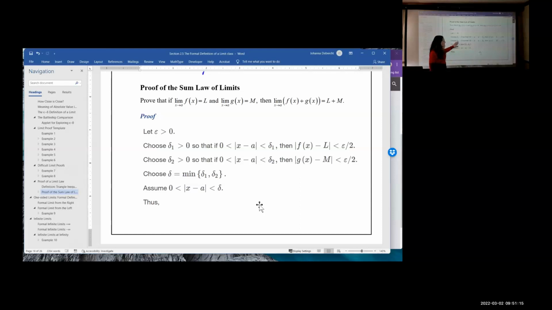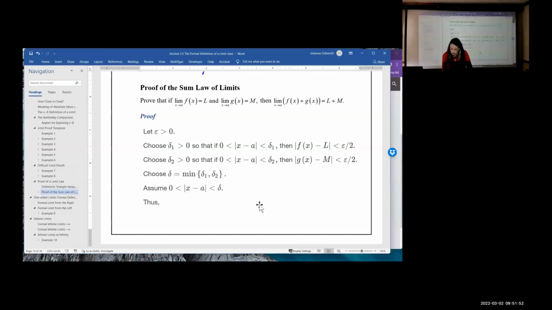We'll choose delta 2 so that if I'm in the same range, absolute value of x minus a less than delta 2, then absolute value of g of x minus M is also less than epsilon over 2. Notice we need two delta values because we have two different functions, and they could have different intervals that make them be within epsilon over 2 of the limiting values L and M. Then we apply this technique here where we simply choose the smaller interval of delta 1 and delta 2.